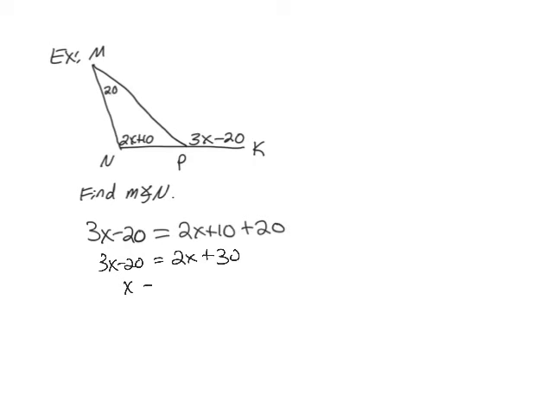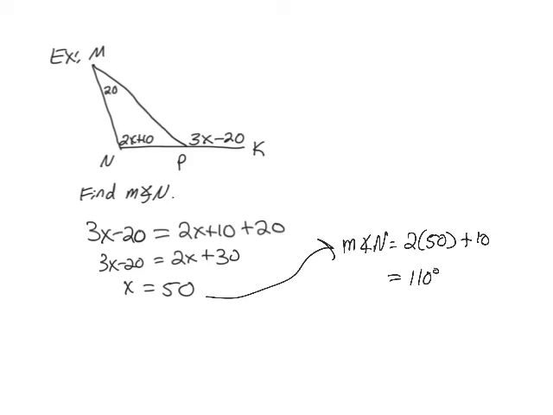So I have x is going to be equal to 50. What I want to find is angle N, so I have to substitute that in. Okay, so the measure of angle N is going to be 2 times 50 plus 10. So that's going to be 110, the measure of angle N.